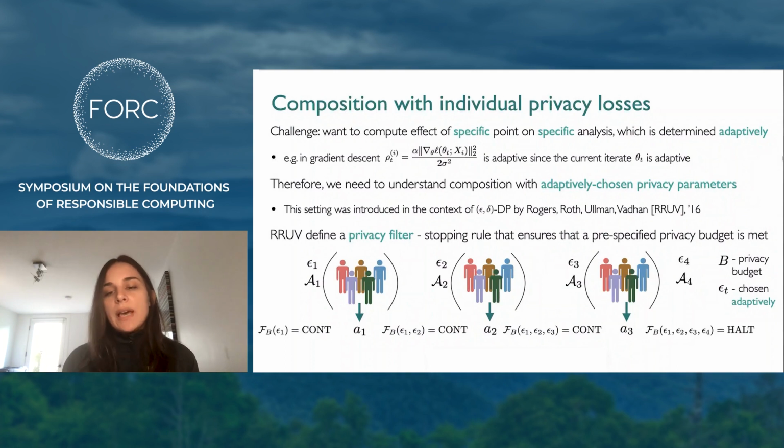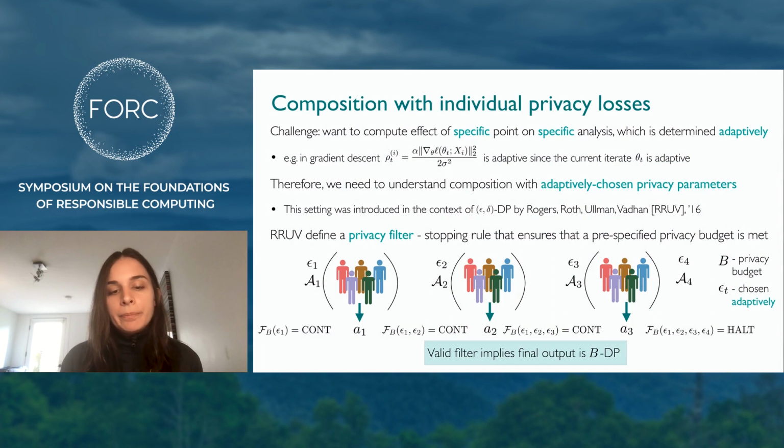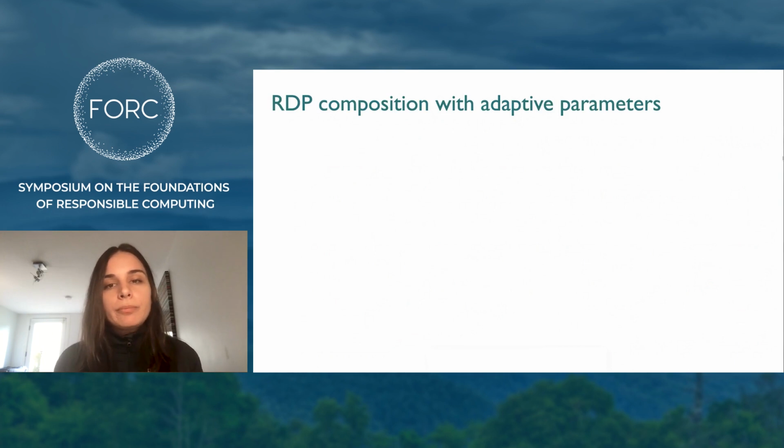That means that the composition should end after step 3. What this valid privacy filter ensures is that the overall output of composition will be differentially private. And note that the number of reports that we get in the end is random, because these privacy parameters that we choose at every step are also random.